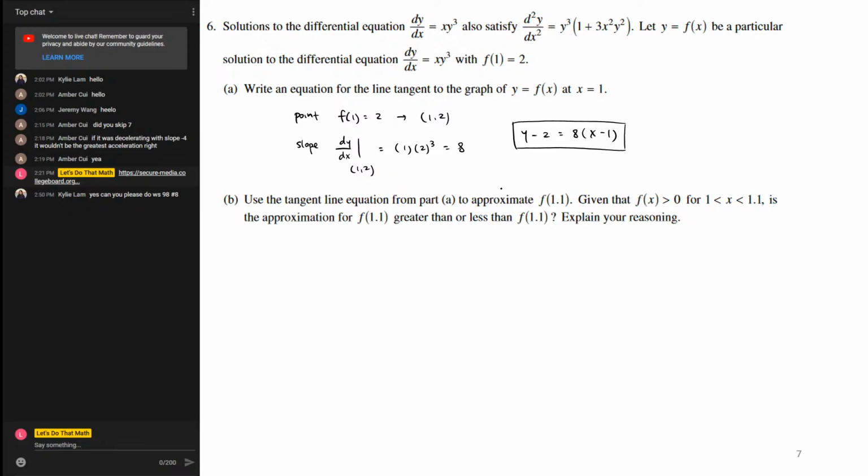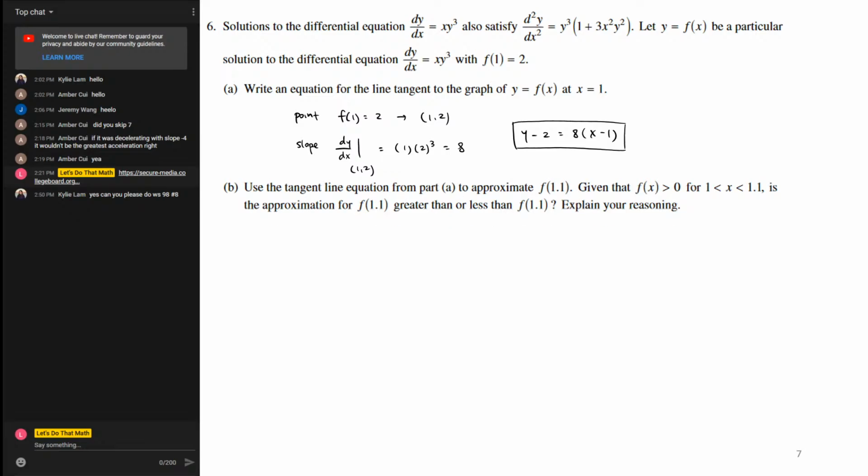For a line, you might find it a little bit beneficial to modify the form just a little bit. You can write it as y = 2 + 8(x − 1). And this way it's just a little easier to plug in 1.1. You can say f(1.1) is then approximately 2 + 8(1.1 − 1), which is going to be 2 + 8 times 0.1.